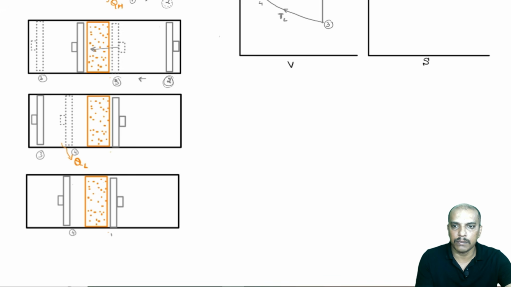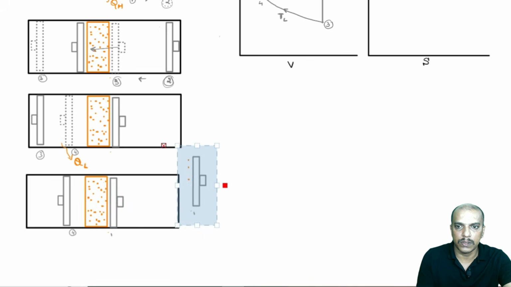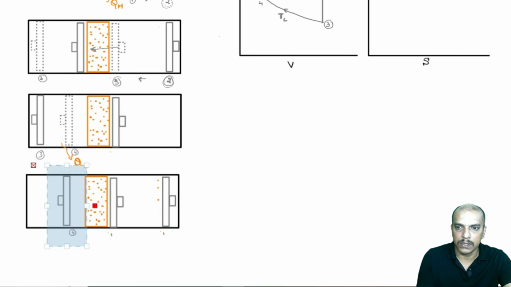Now, 4 to 1 is something like this: the piston has to go to the extreme right, but remember we are recovering energy from the regenerator. So, this piston should move towards right, and this piston should come to the extreme position.